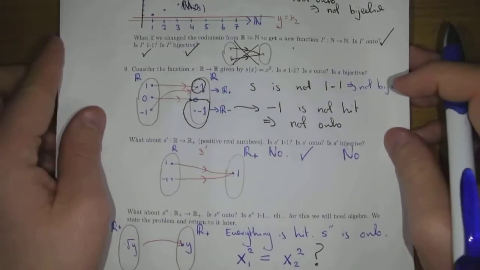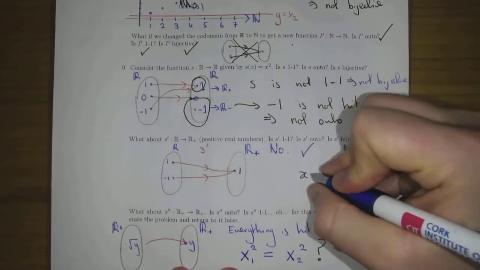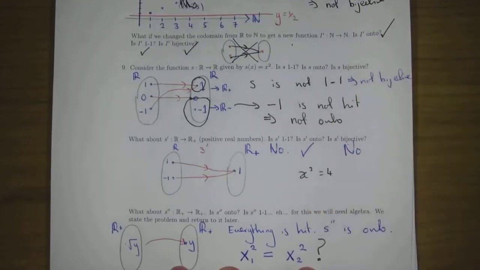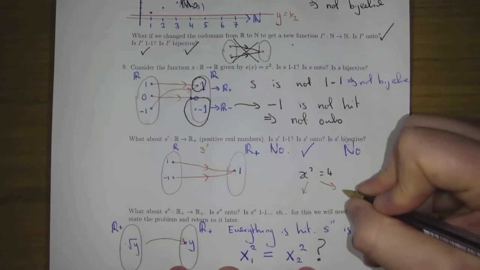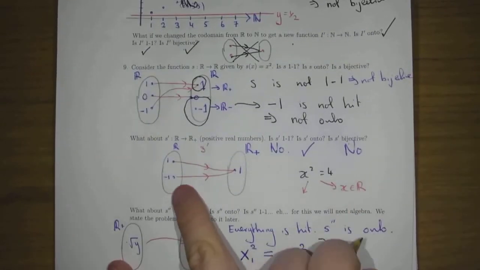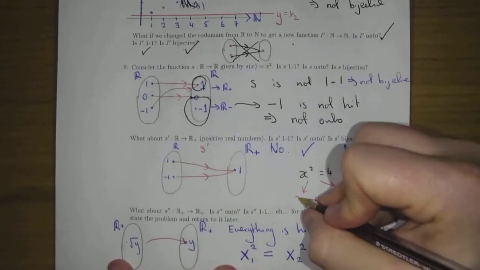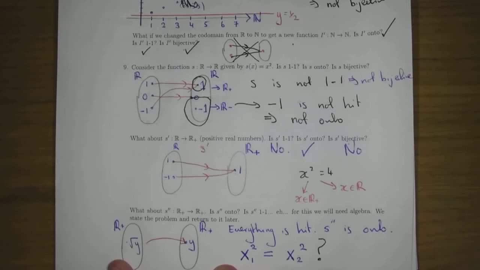And so you get a slight difference. If I write down the equation x squared equal to 4, there's two different possibilities. Is x in the real numbers, in which case there's two solutions, or is x in the positive real numbers, in which case you only get 2?